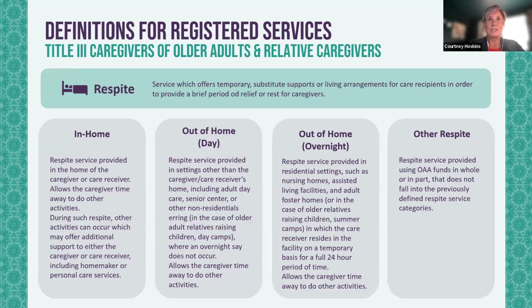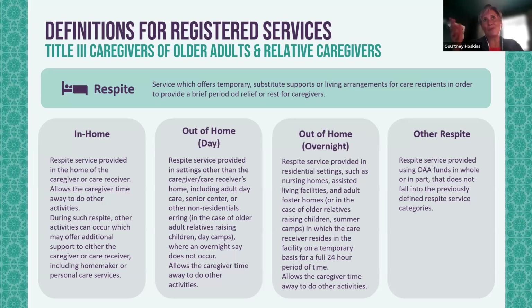So let's talk about respite. Okay. So I know that you have clients, you have consumers that receive respite care. On the universal information tool, it does say, does someone have a caregiver?